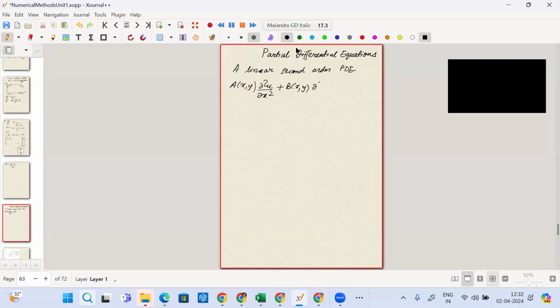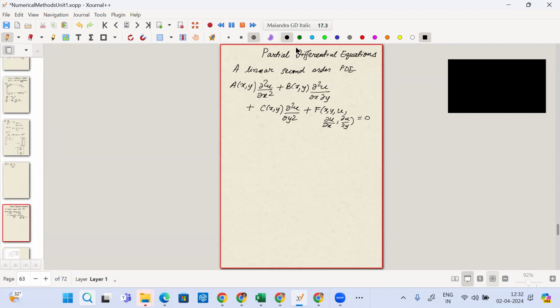You have a mixed derivative dou x by dou y plus c of x comma y, write it as f. All the terms which can be a function of x, u, even dou u by dou x, dou u by dou y, because those terms are not present in your previous terms. So this is the second order linear PDE.